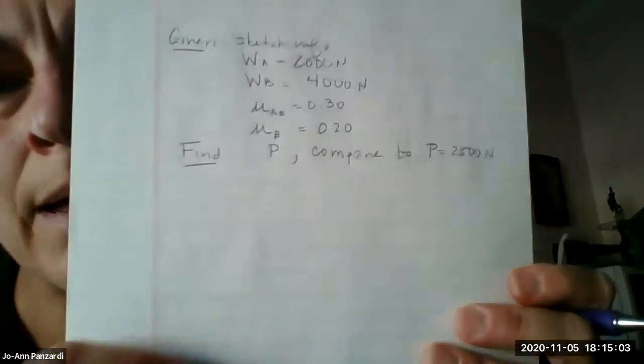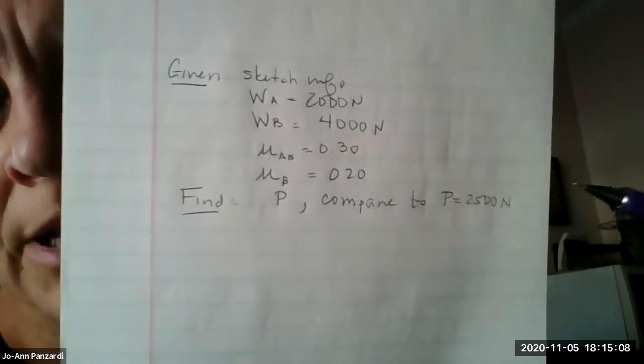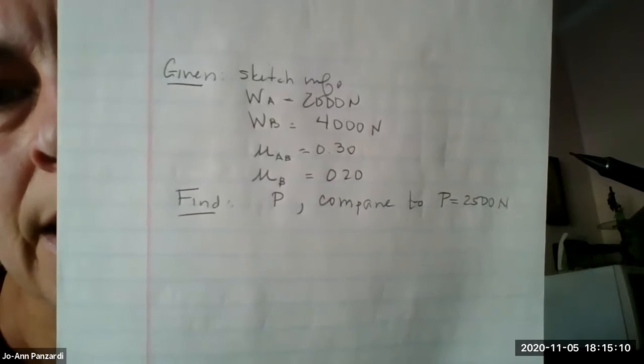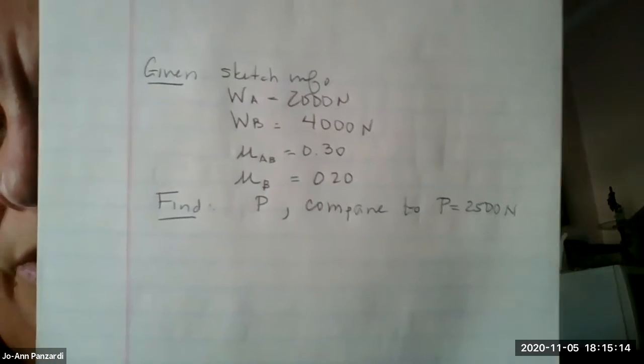So I'm going to write "compare to P of 2,500 newtons," because if I just solve for P, I didn't answer part of the question.